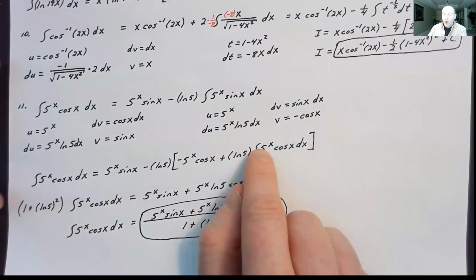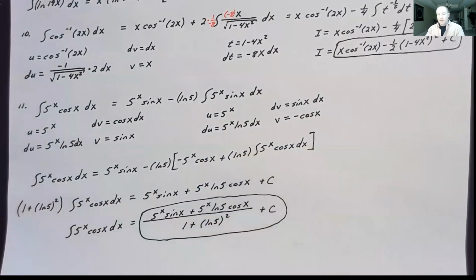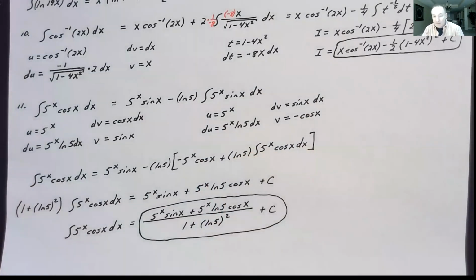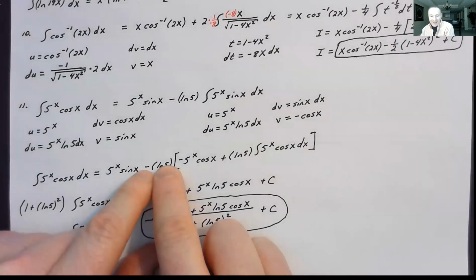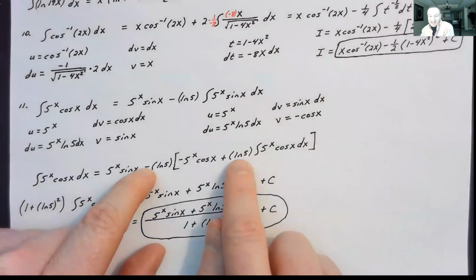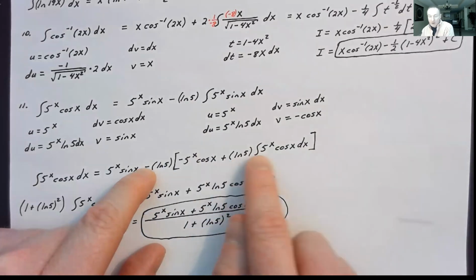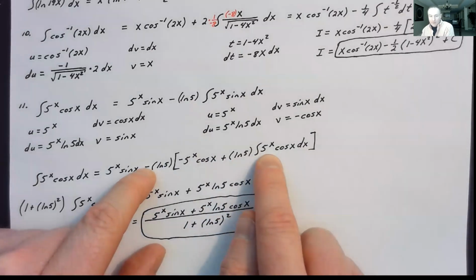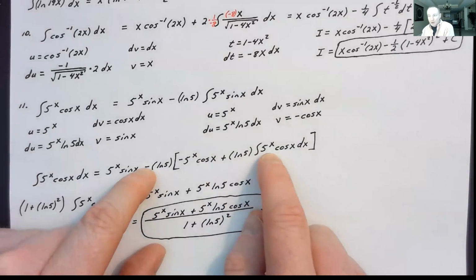Okay, then what would be the coefficient of this integral of 5 to the x cosine x dx on the right? You've got to see you have a negative natural log of 5 times a natural log of 5 multiplying this integral on the right-hand side. So I can say, well, okay, that's a negative, the natural log of 5 quantity squared multiplying that.